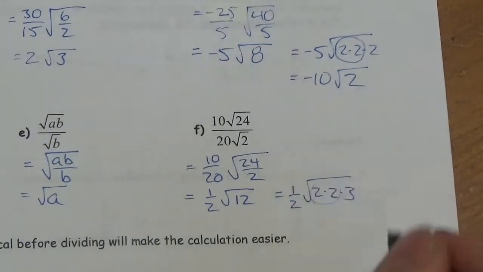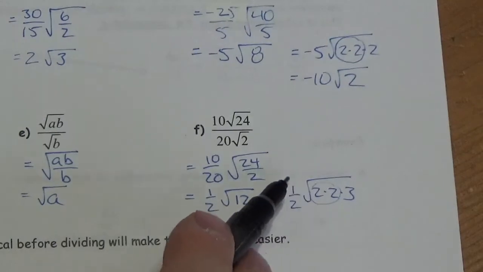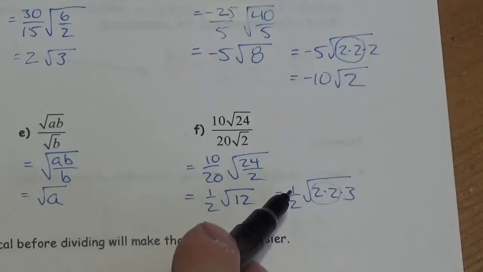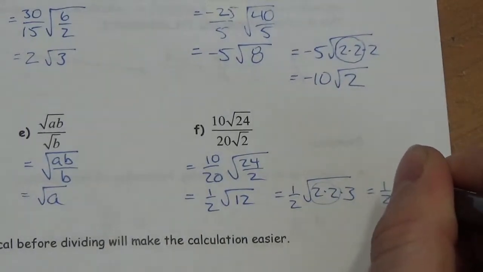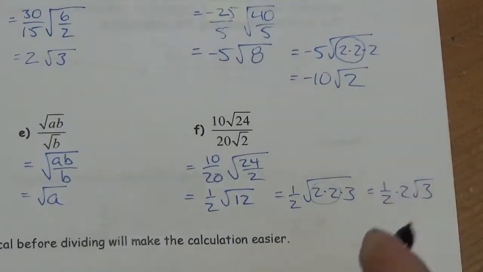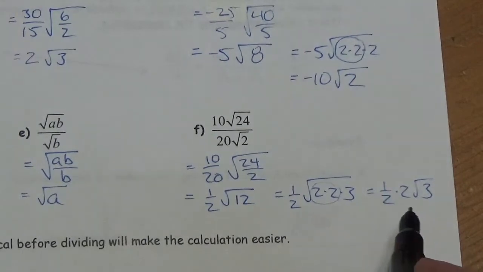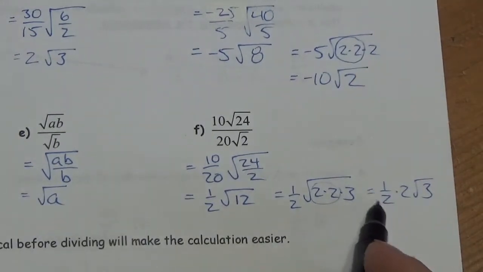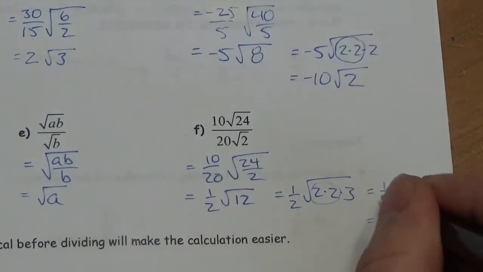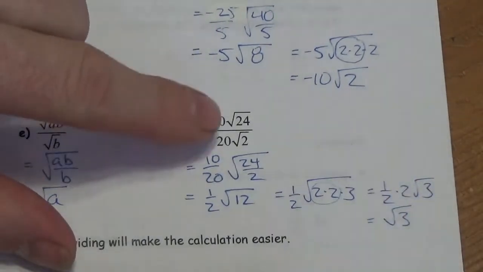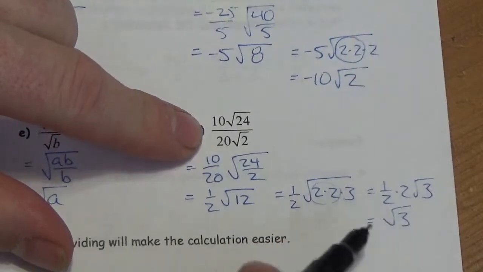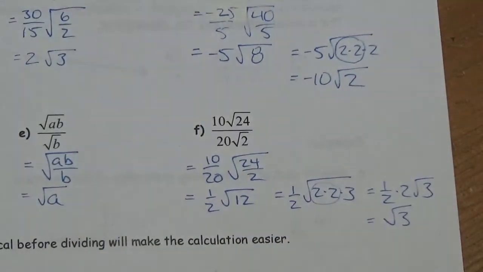So that means I can take out a representative, a single 2, to represent that pair of 2's inside there. And so I've got 1/2 multiplied by 2, and there's a square root of 3 that I can't get rid of. But this works out beautifully because 1/2 multiplied by 2 becomes 1, and so I'm simply left with the square root of 3. So that expression right there simplifies all the way down to the square root of 3.